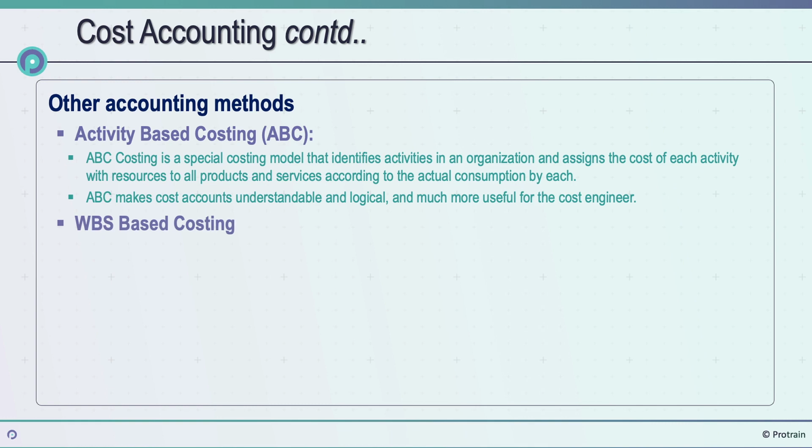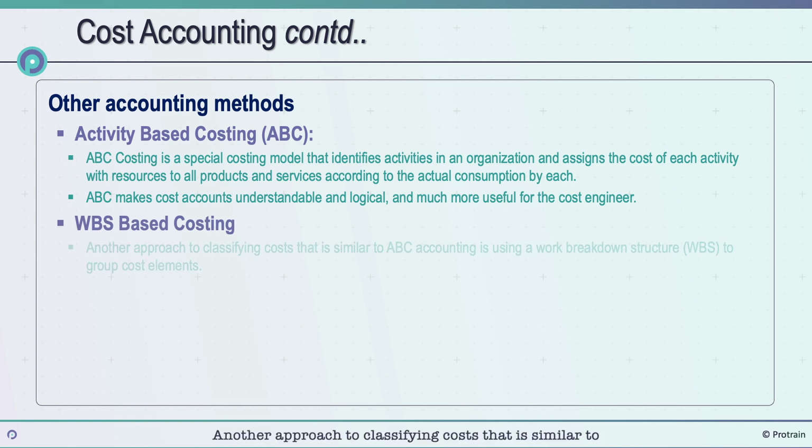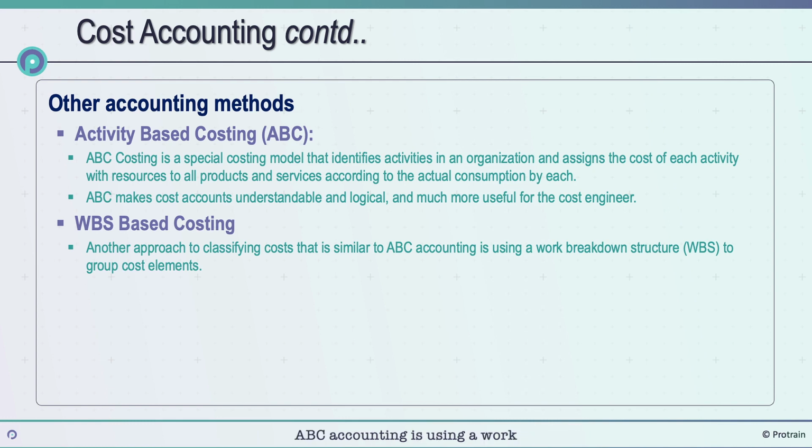WBS-based costing. Another approach to classifying costs that is similar to ABC accounting is using a work breakdown structure, WBS, to group cost elements. It has become a common practice for a WBS to be a required project management tool on most contracts.